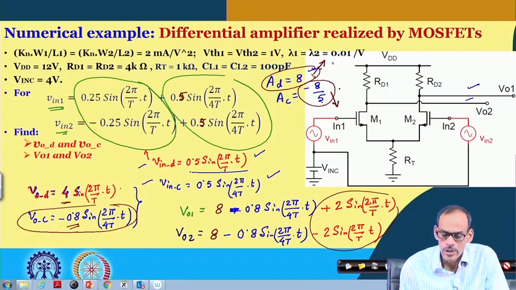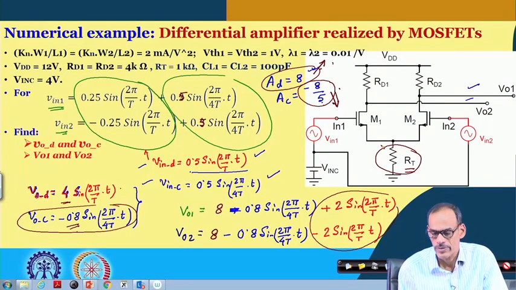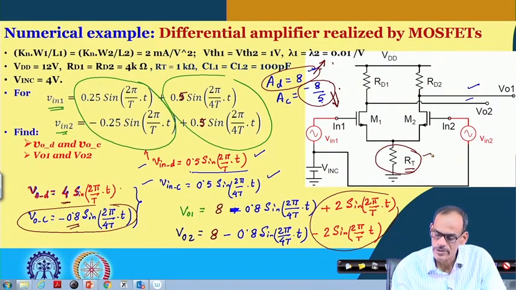In fact, if you see the expression of the common mode gain, this RT or 2 RT has an important role to play. So, to decrease this resistance, what can we do? We can replace this resistor by, say, an active device. In our example, we will replace this resistor by an active device, and then we will see its corresponding consequence.